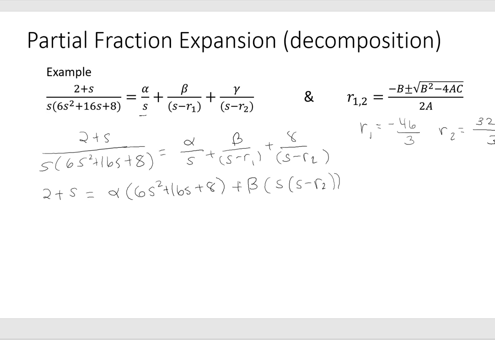Just leave it R2, it's defined above. And now the gamma term will be gamma times (s minus R1). That s minus R2 cancels out. Now we can distribute this and put it together as groups.